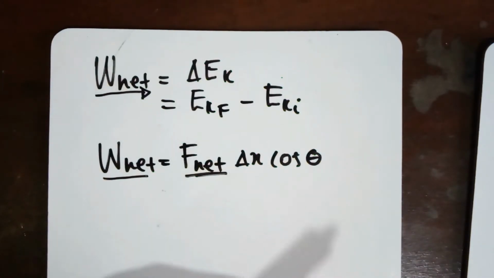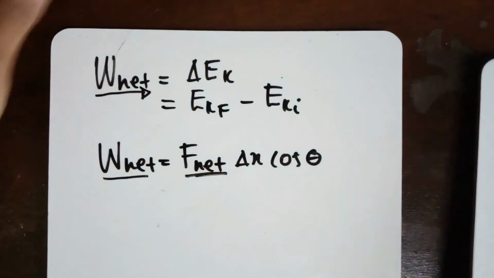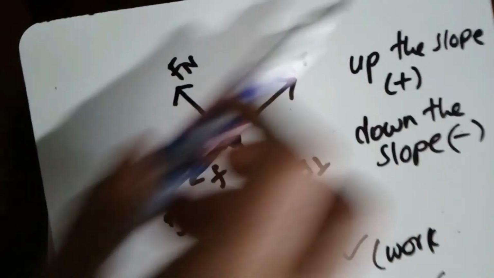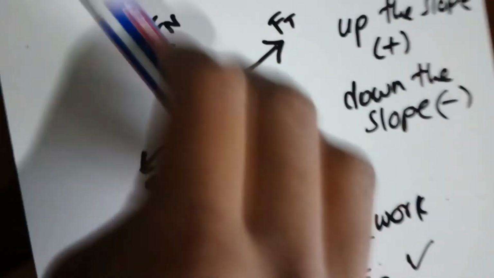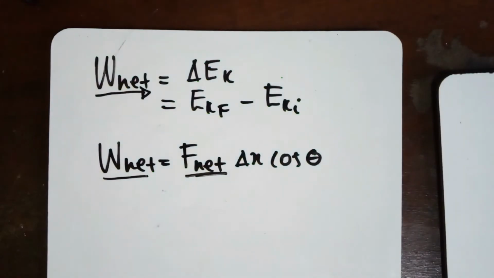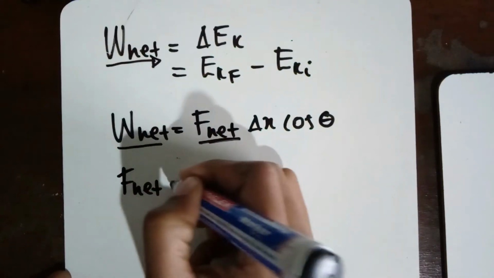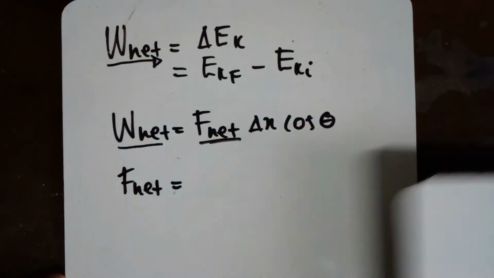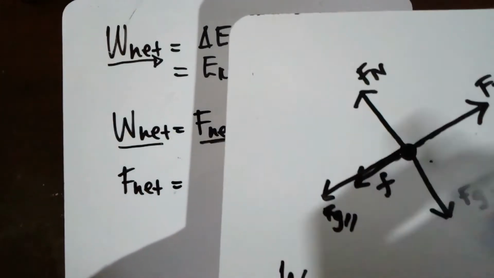How do we find F net? Because we are only interested in the motion up the slope, your object is not moving up or down in this direction, it's just moving this way. We'll simply say our F net is all the forces acting on that object in this direction. How many do we have? About 3 forces.